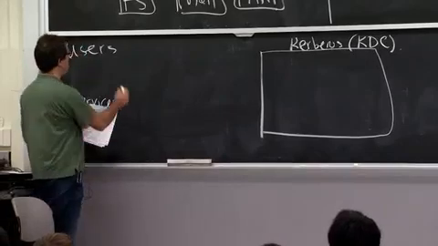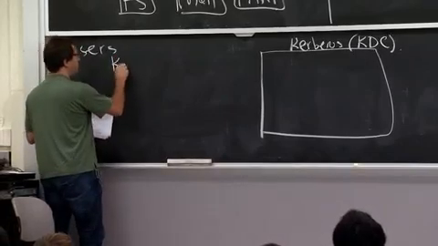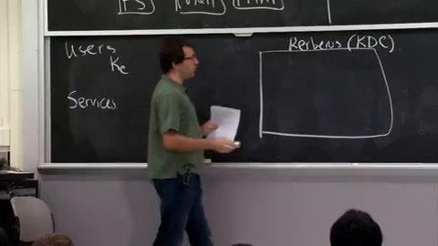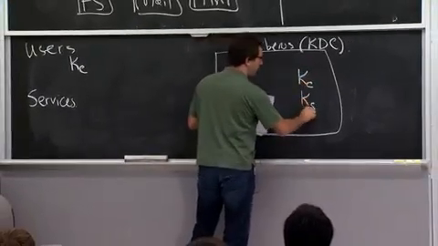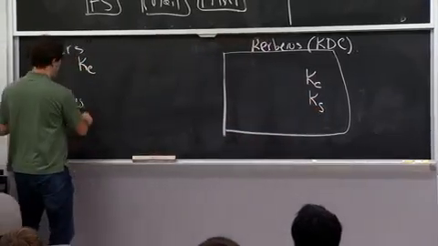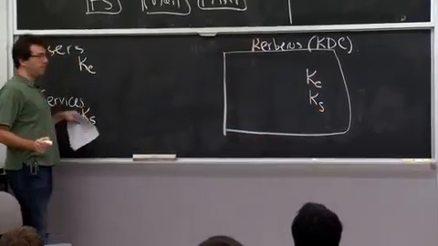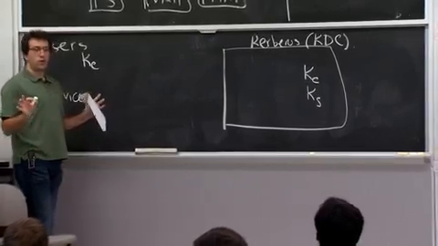So if the user has some sort of a key KC for client, then the Kerberos server is going to remember this key somewhere here. And similarly for the server, the key KS is going to be known to the service itself and to the Kerberos server, but hopefully no one else.